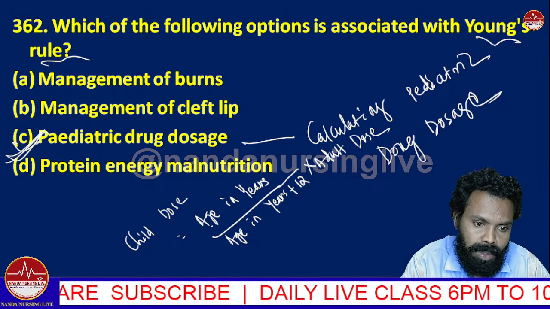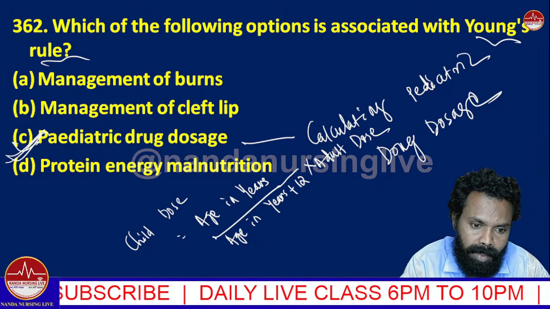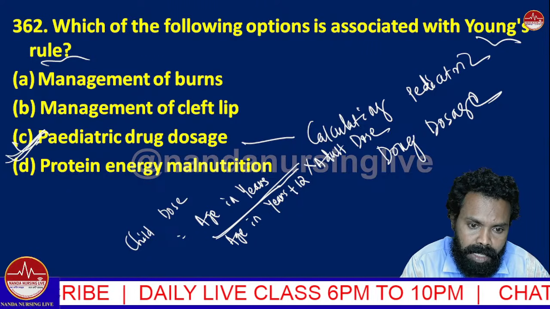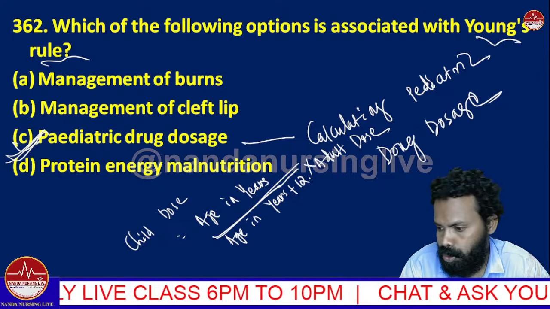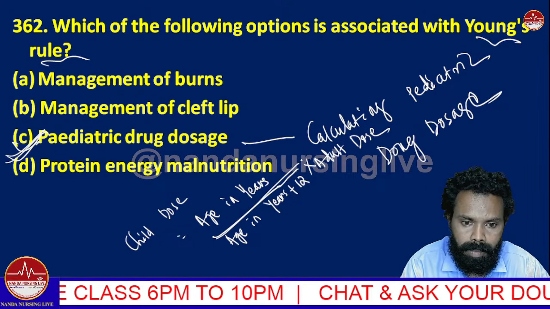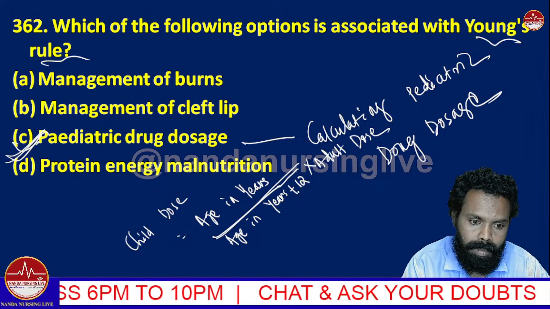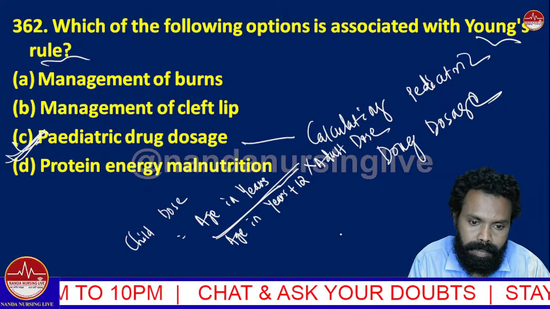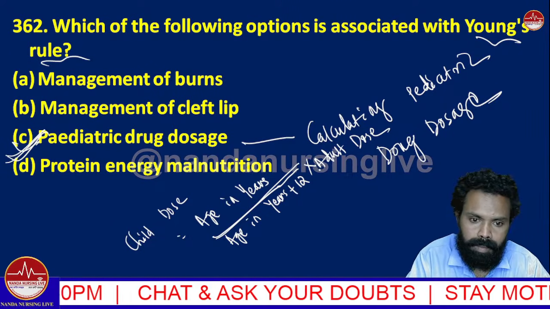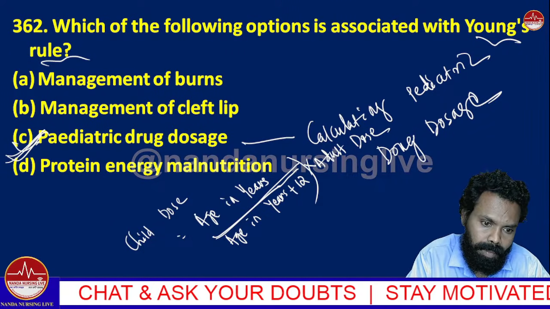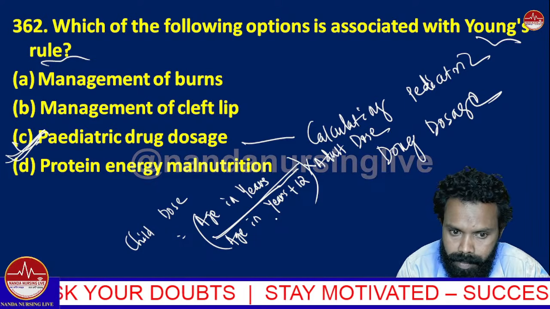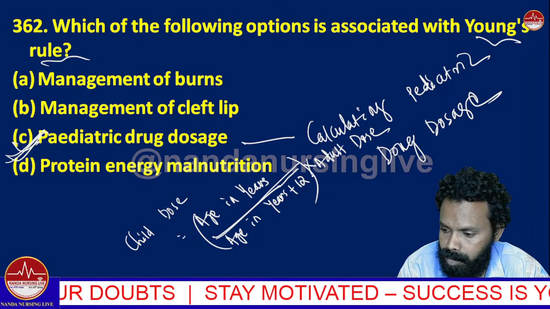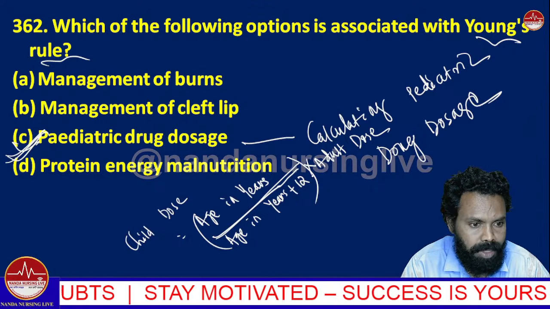Child dose equals age in years divided by age in years plus 12, into adult dose. Right, option C is the correct answer.